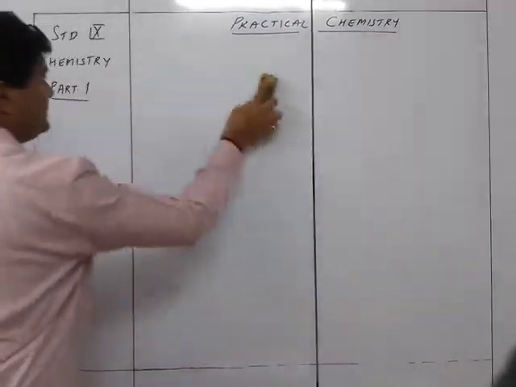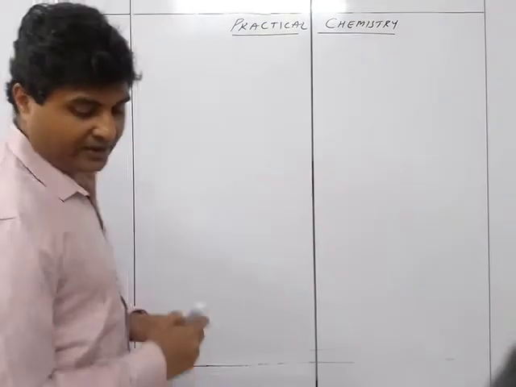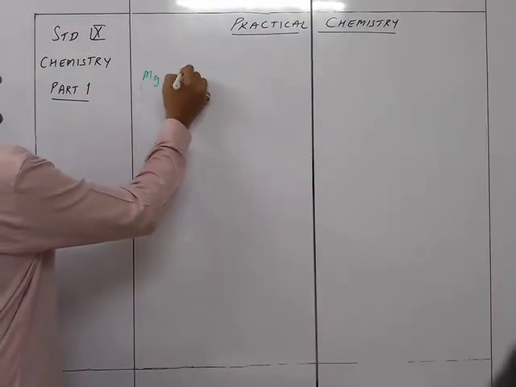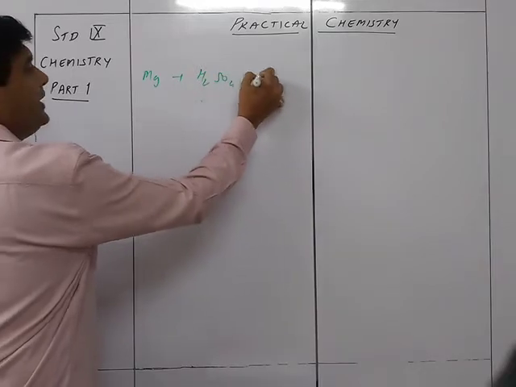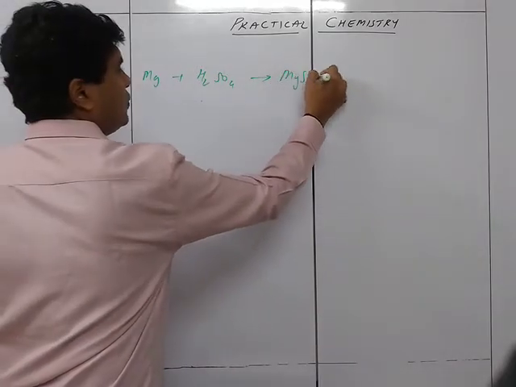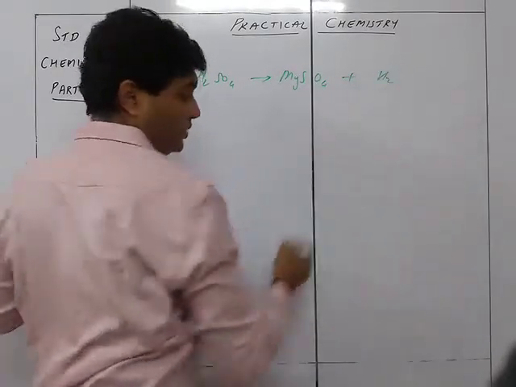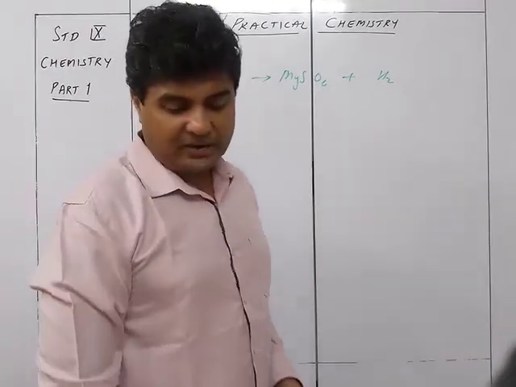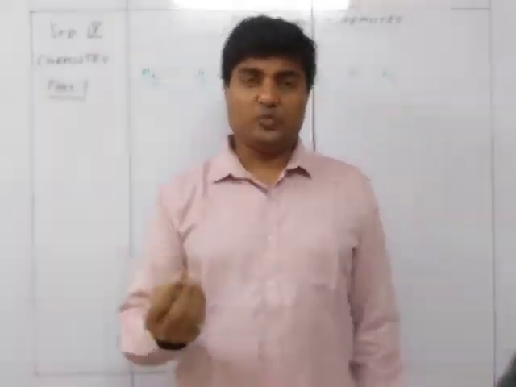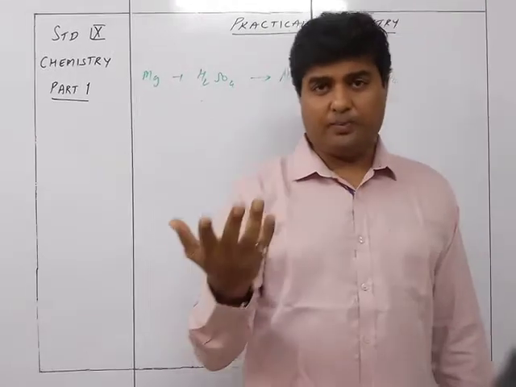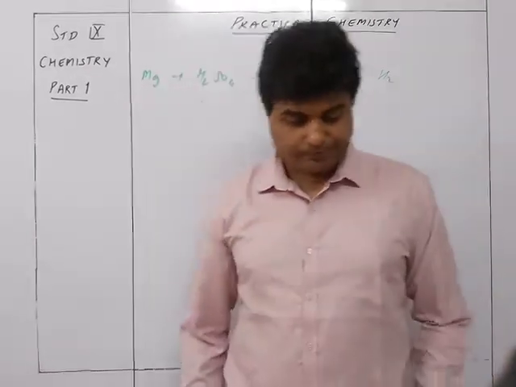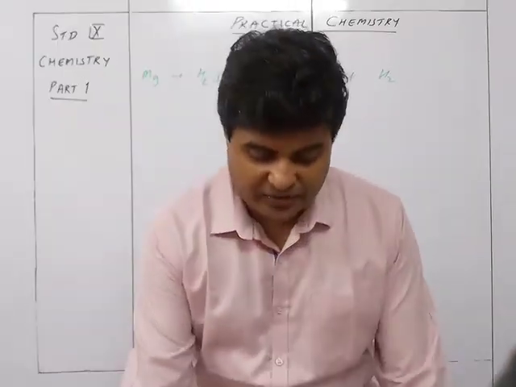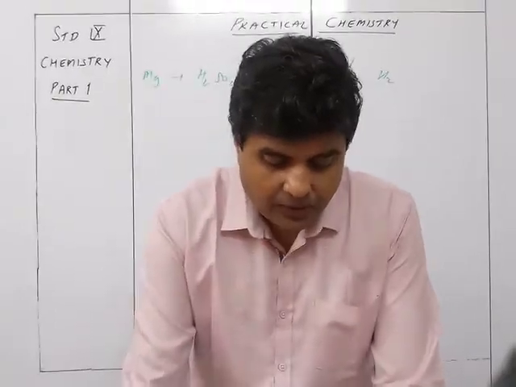So if I take Mg plus H2SO4, it is going to give me MgSO4 plus H2. So hydrogen gas is going to be released, which will burn with a pop sound and a pale blue flame. That is the identification for hydrogen in this case.